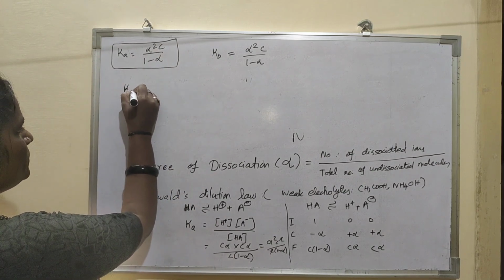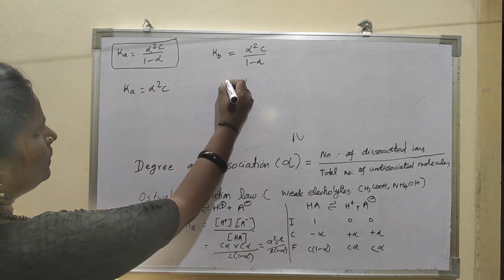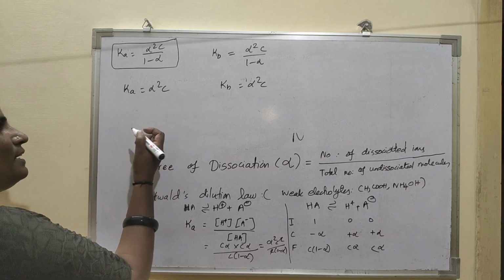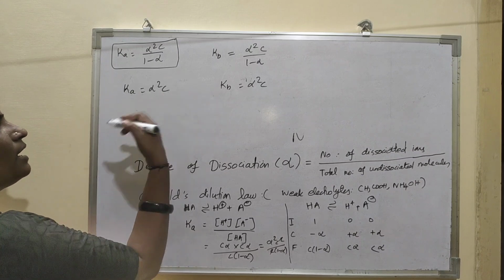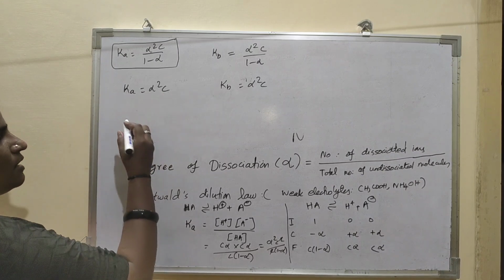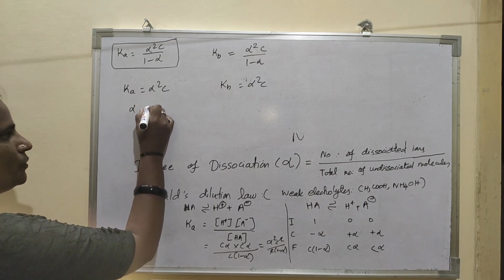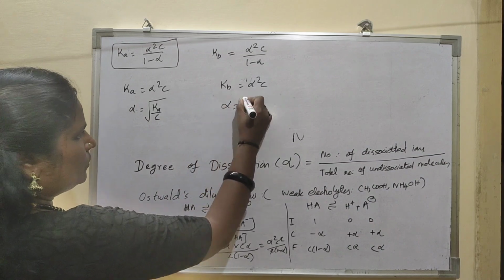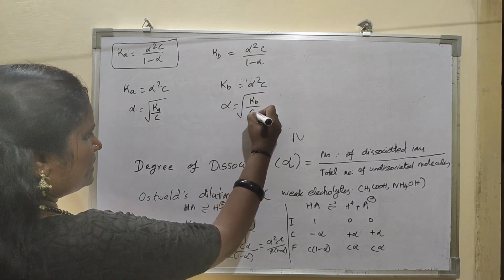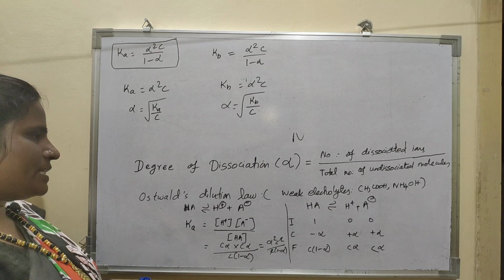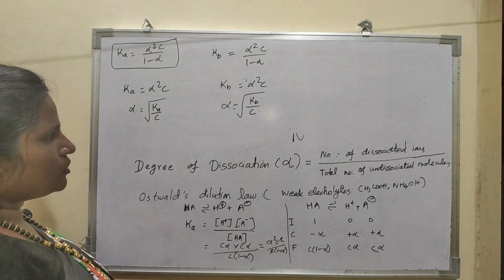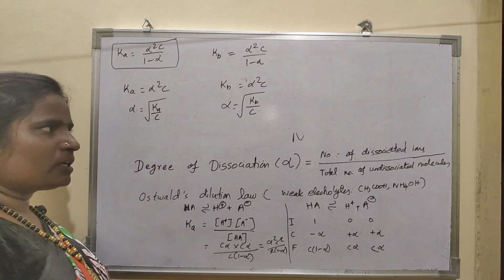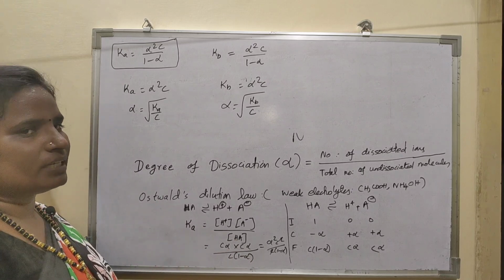Ka becomes alpha square C, and here Kb also becomes alpha square C. So if in your calculation they give Ka and C and ask you to find alpha, you can write alpha is equal to root of Ka by C. Here also alpha is equal to root of Kb by C. In turn, you can state the Ostwald dilution law: the degree of dissociation is inversely proportional to the square root of the concentration of the given weak electrolyte.